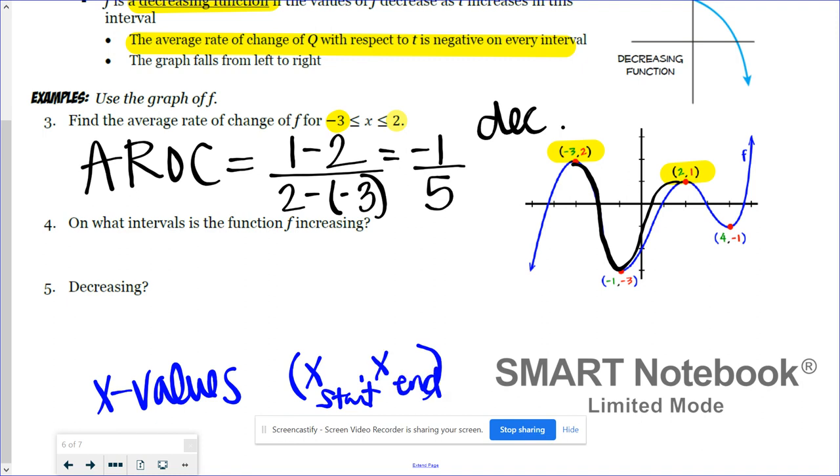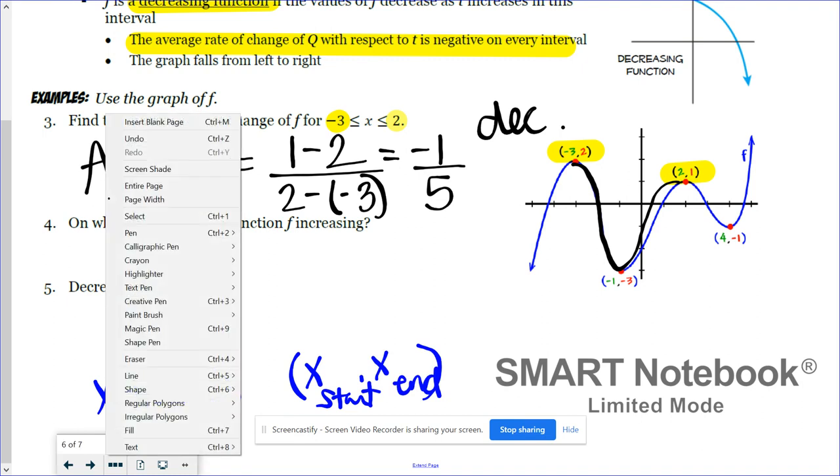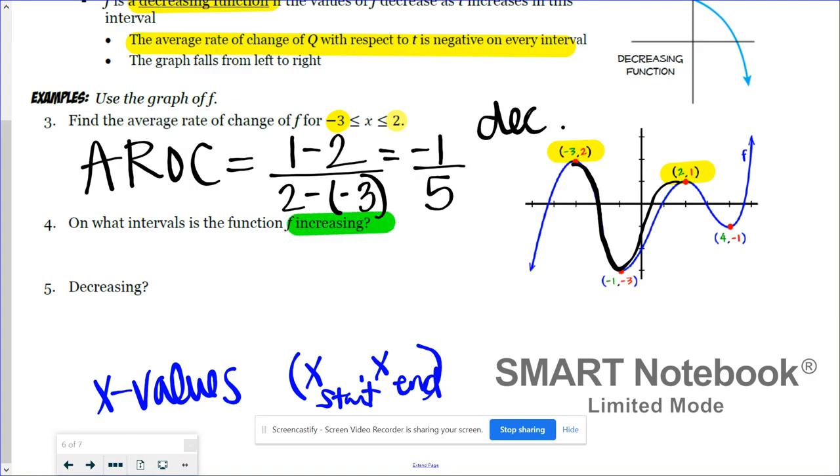Okay, yeah. So let me get a highlighter because I'm going to highlight all the places where my interval is increasing. Okay, so it's increasing starting right away from the very left end until I get to -3. It's increasing again starting at -1 until I get to 2.